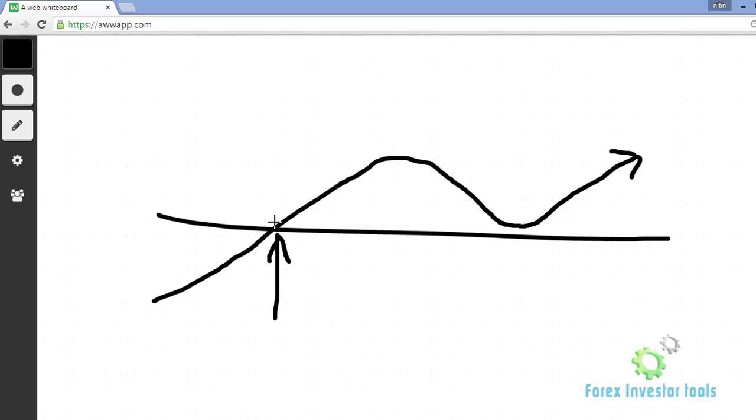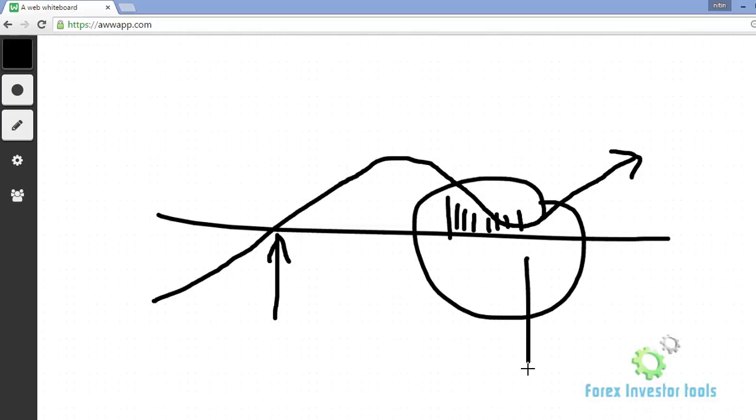So typically what you would see is your histogram like this, okay, and then from this point you see your histogram slowly trying to push through, and this point here, this is a pullback, and this is where I would like to place my buy entry, right?